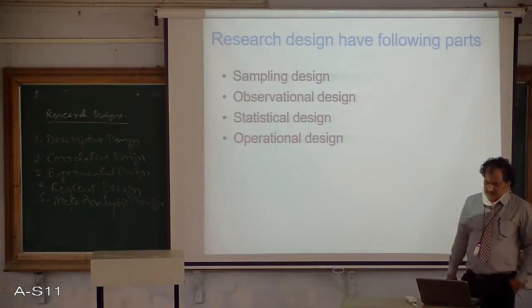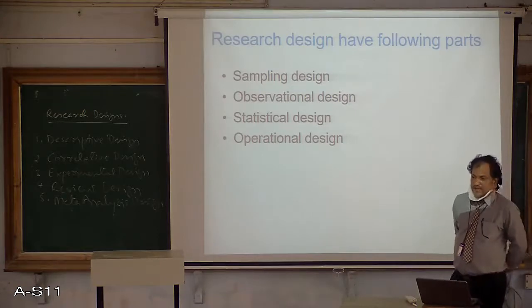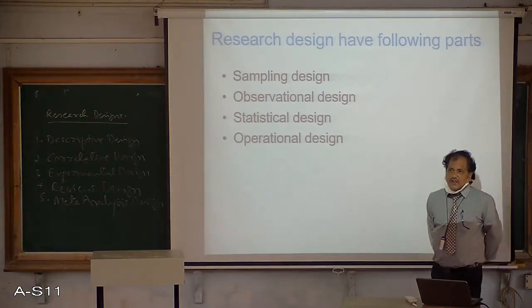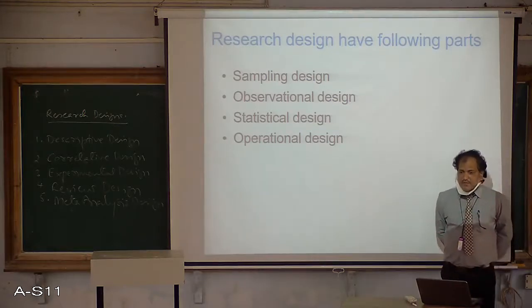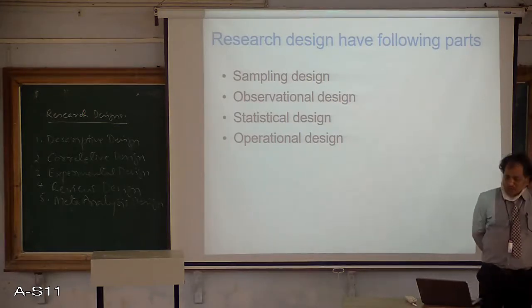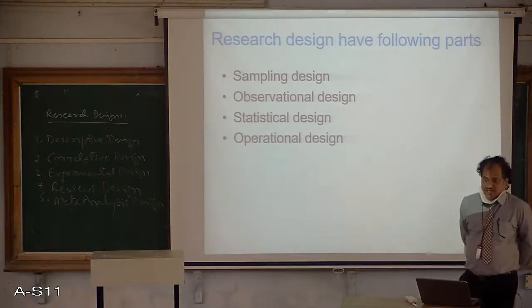design, and operational design. So in summary, sampling design deals with how to select the particular sample, and observational design deals with under what circumstances, under what situations the observations are to be made.